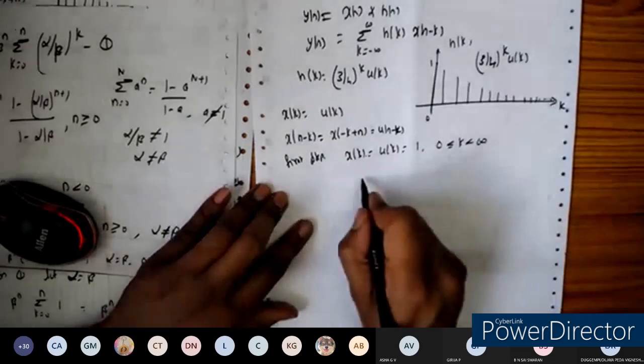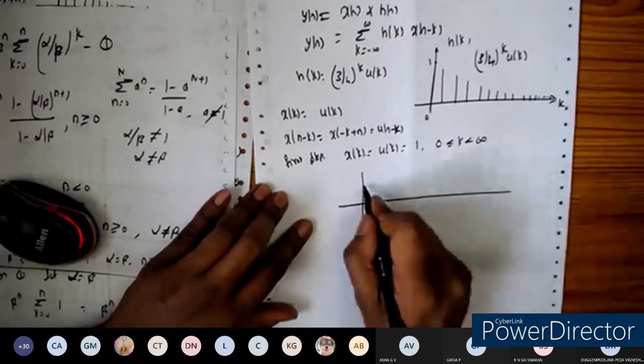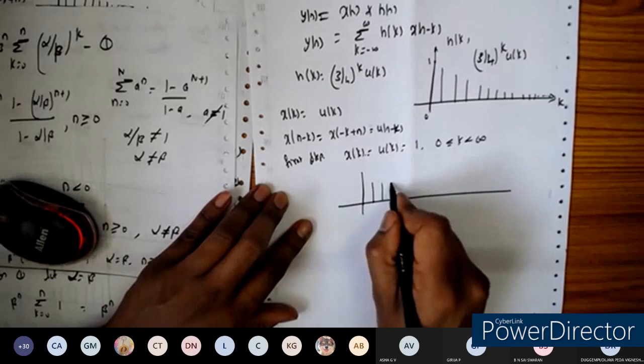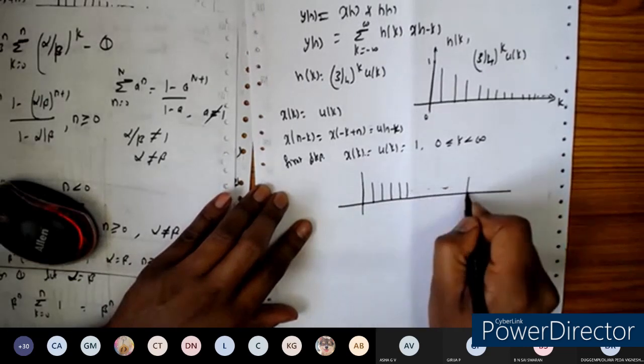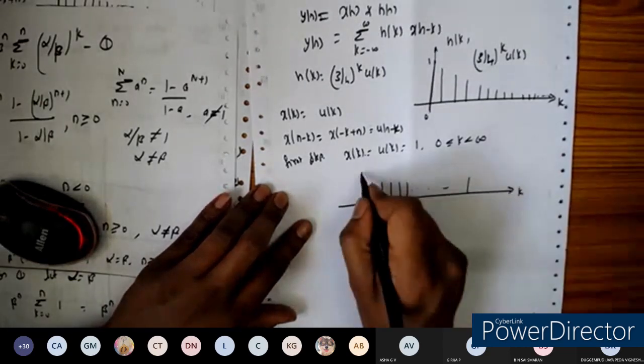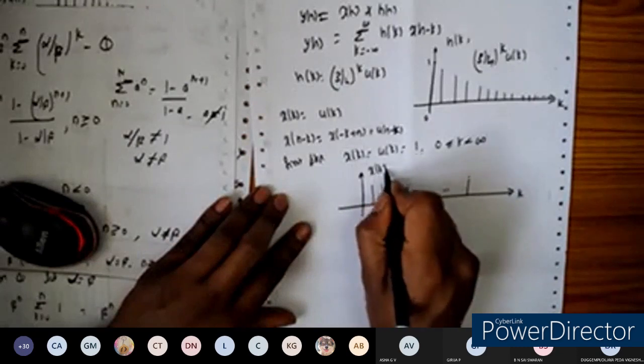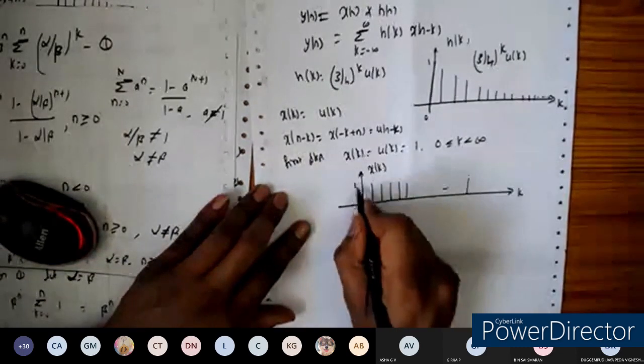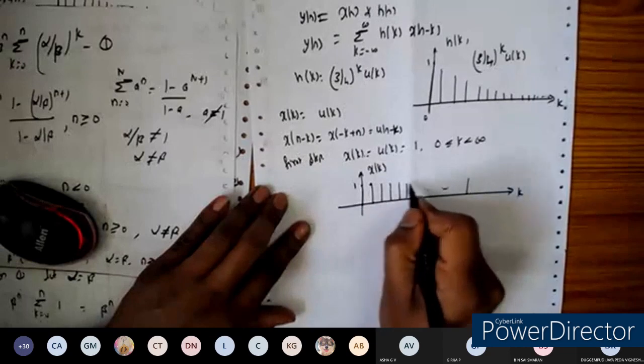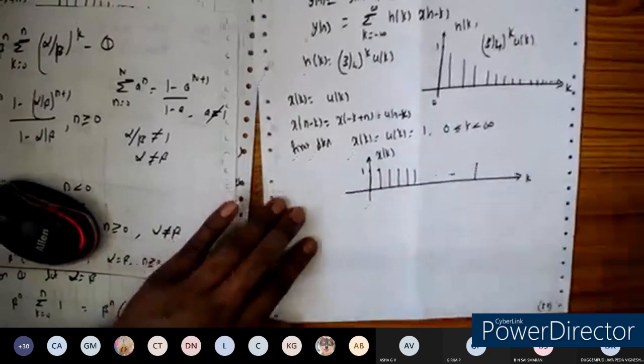So the value of x of k will become like this. It is starting from 0, 1. All the values will be 1 only, up to infinity. So this is k, this is x of k, which is nothing but u of k. The magnitude 1 will be there here.